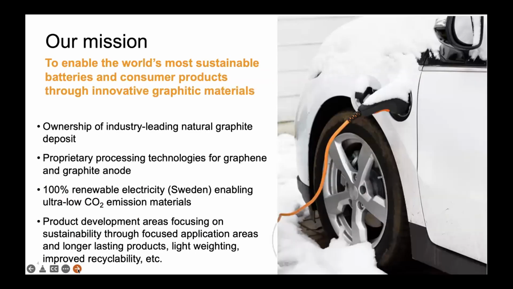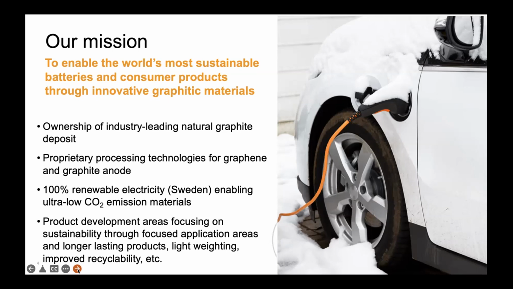So what do we try to do? We try to produce the world's most sustainable batteries and consumer products through multiple graphitic materials. And what helps us on this path is the high grade of our graphite that we own. This is quite unusual for a graphene company to also own their own resource. So we are very privileged to be in this position.